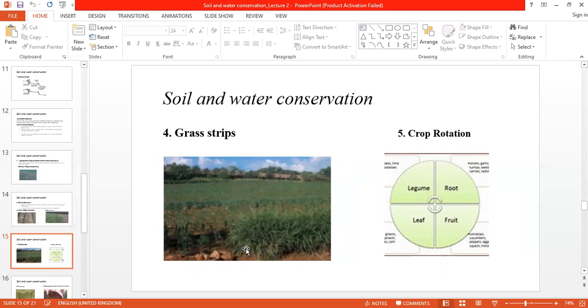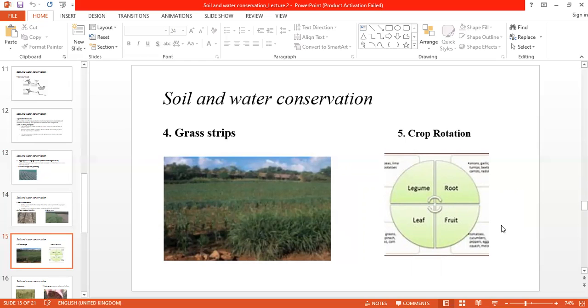So now you need to ask whether it is economically okay for me to grow this vetiver grass, or to use other measures.